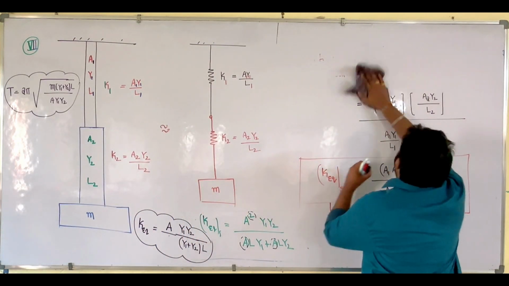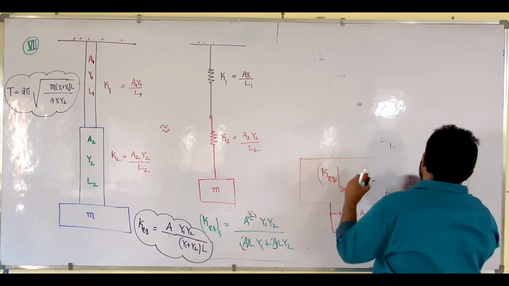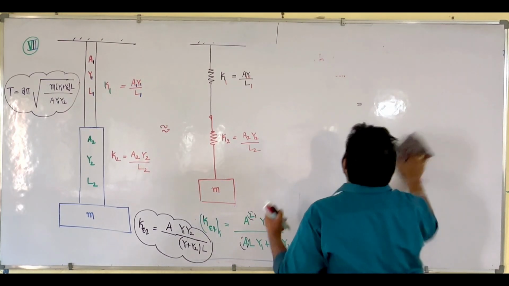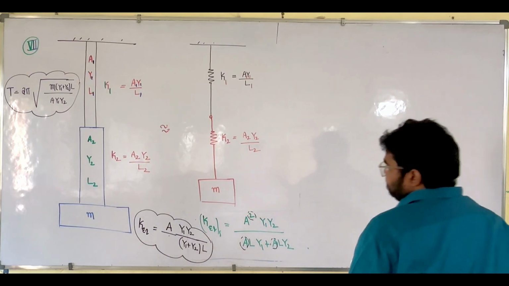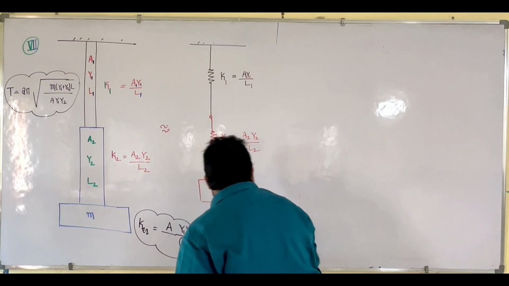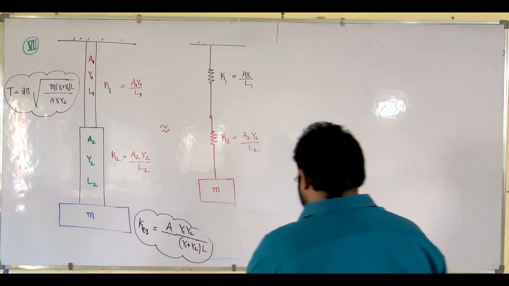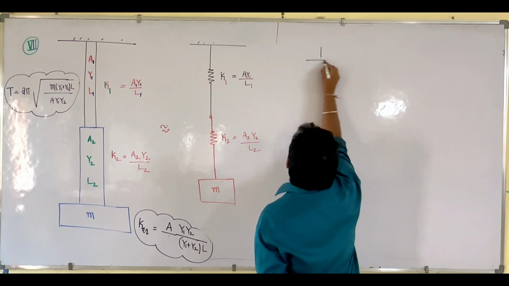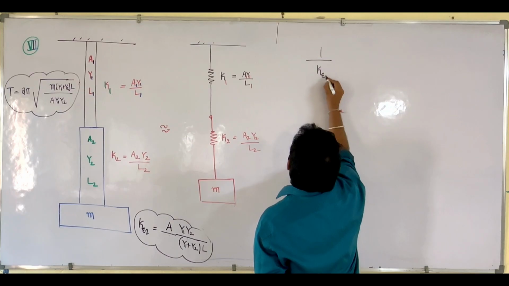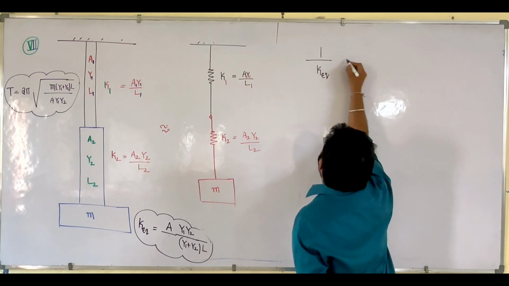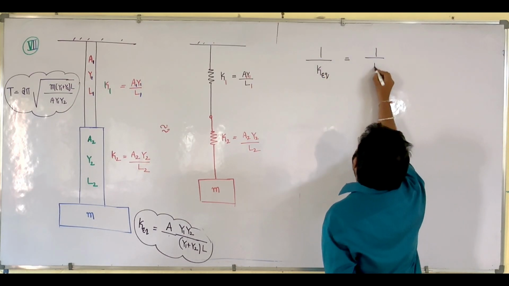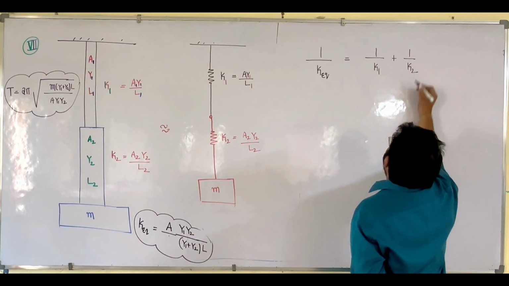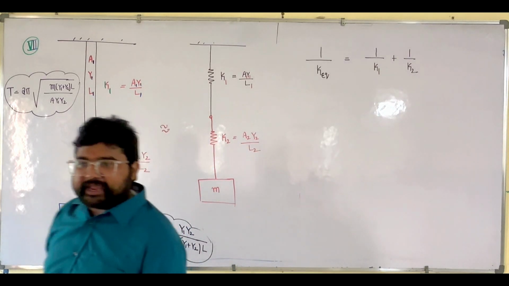Now we can write, same thing for 1 by k equivalent. If you want to write 1 by k equivalent, equal to how much? 1 by k1 plus 1 by k2.